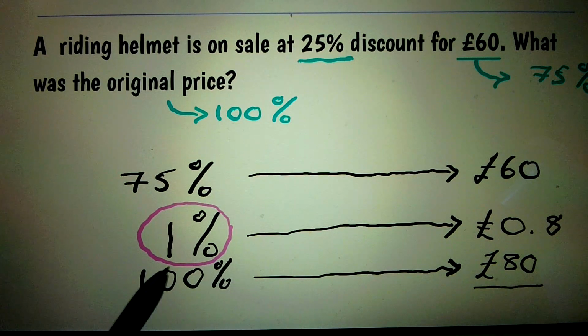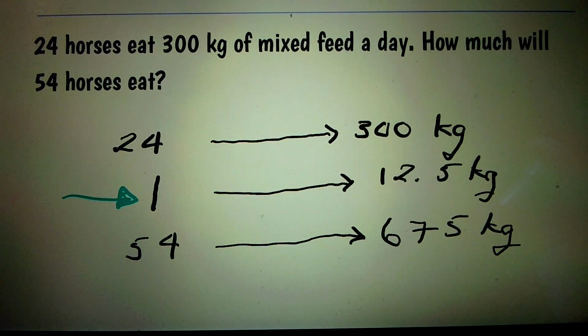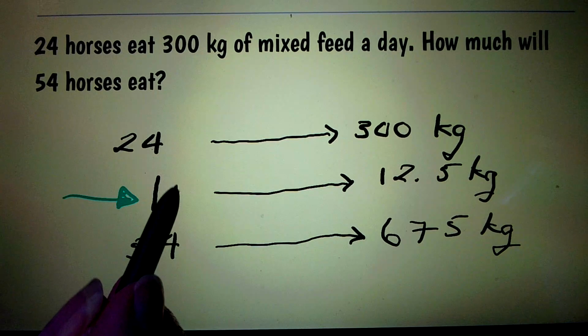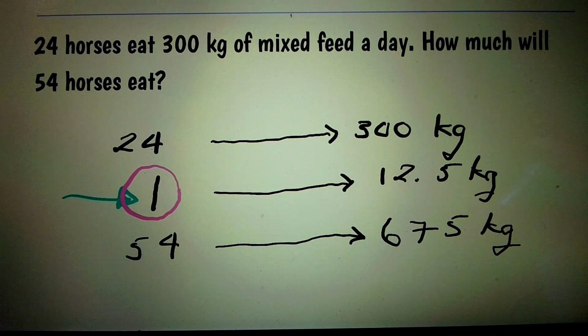Notice we go for 1% in the intermediate stage here. We go for 1 kilometre as the intermediate stage. And in the first question, we looked at 1 horse in the intermediate stage.